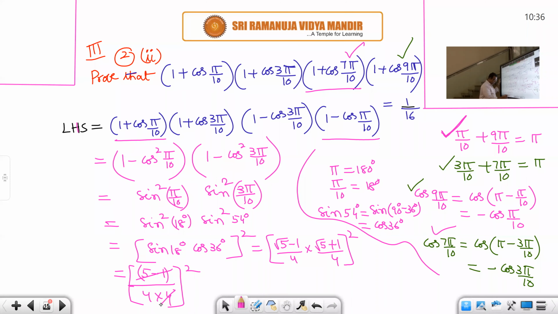So 1 by 4 whole square. What is the answer? 1 by 16, sir. Is it the right hand side we have to prove? Yes, sir. We have to prove that it is equal to 1 by 16. So without wasting any time, let us go to the next one.